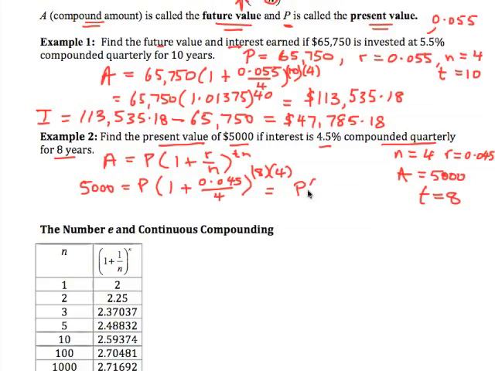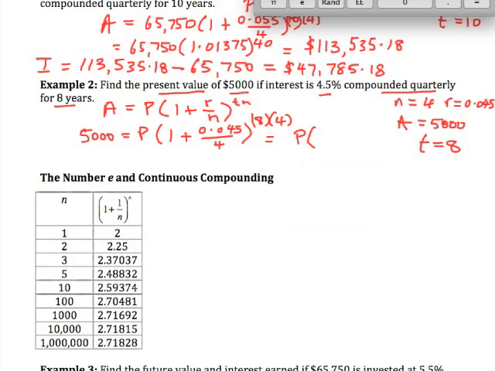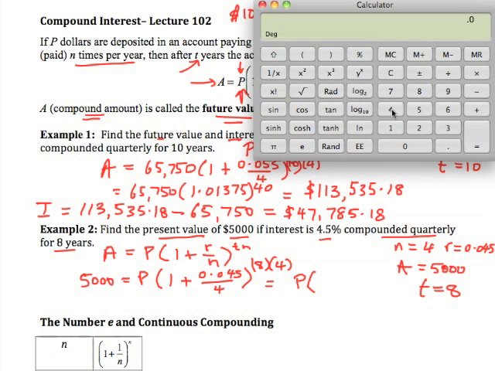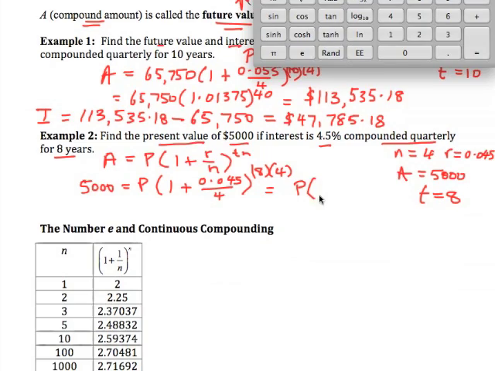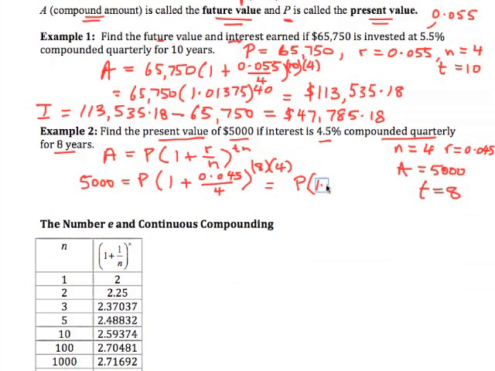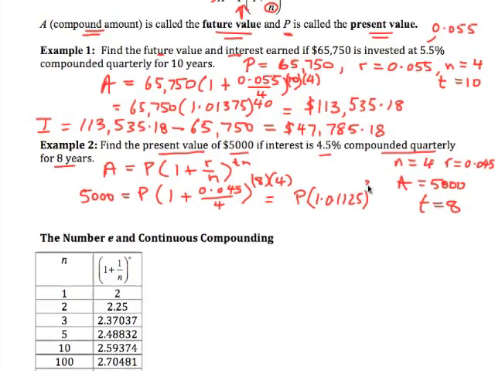Okay, so this will become P times, now let's have a look at this calculation. So this will be 0.045 divided by 4 equals this, add 1. So you get 1.01125 to the power of 32.